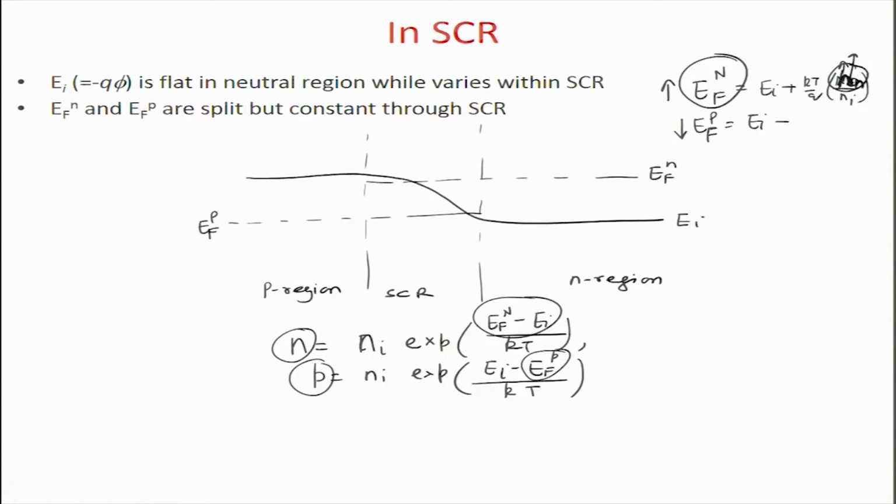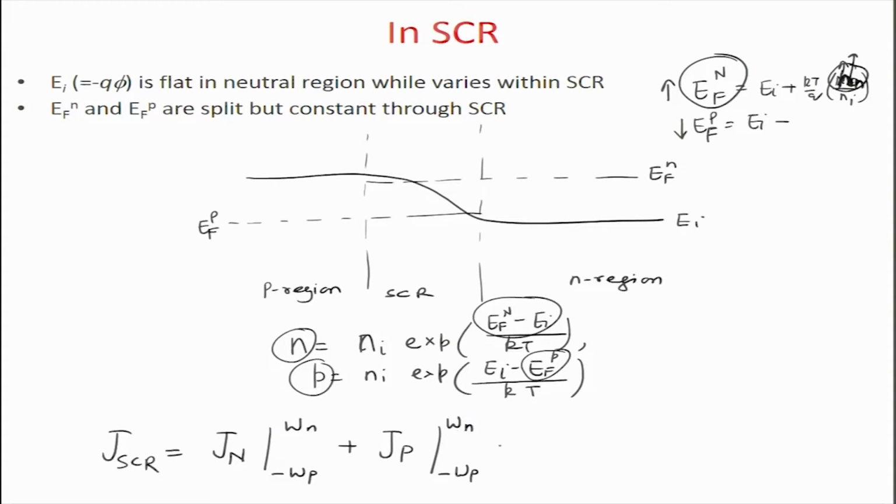So, you can say that JSCR in this case, the space charge region, is equal to Jn from minus Wp to Wn plus Jp from minus Wp to Wn.